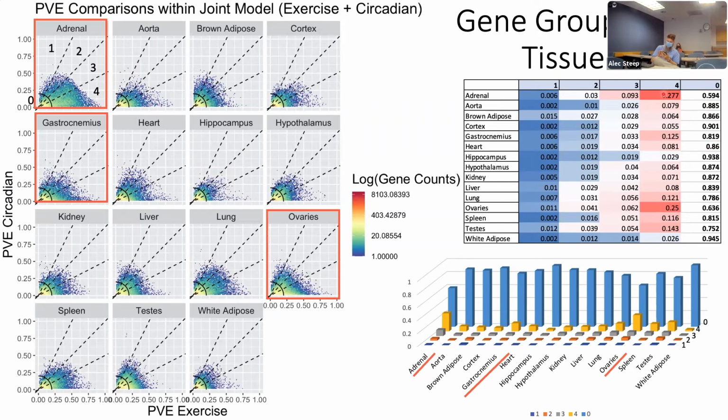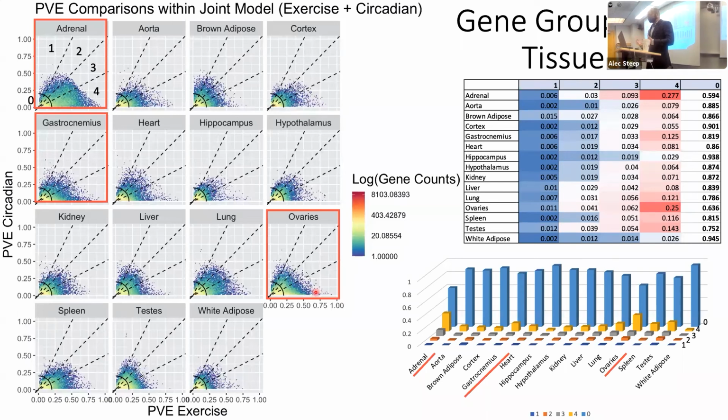And you can see that it's adrenal, gastro, and ovaries that have the highest frequency of genes that fit in this group 4. In addition, you see a sort of waning over of these genes into group 4. And so this is a really powerful visualization.